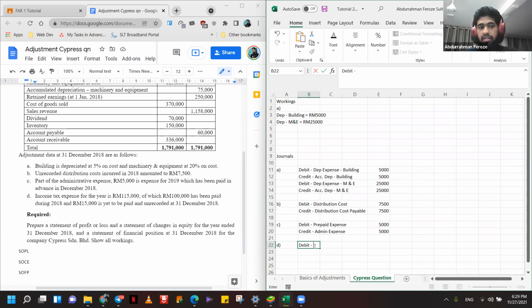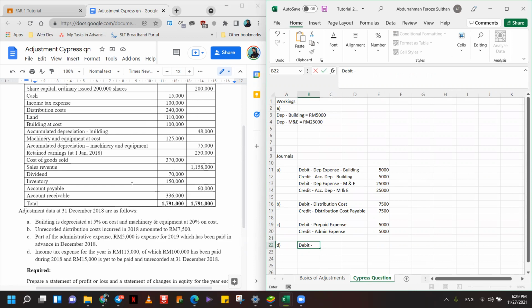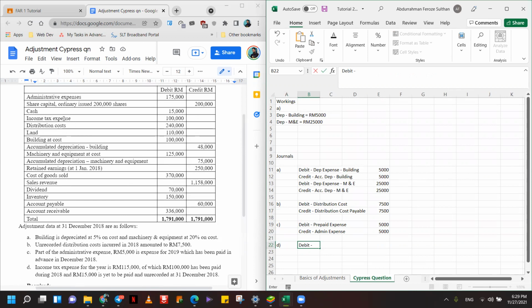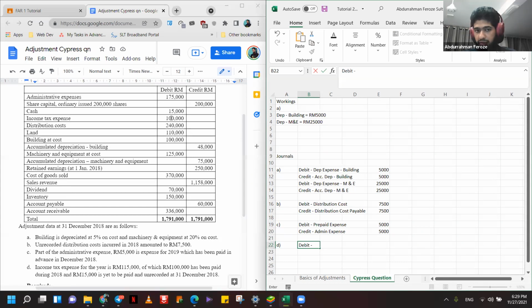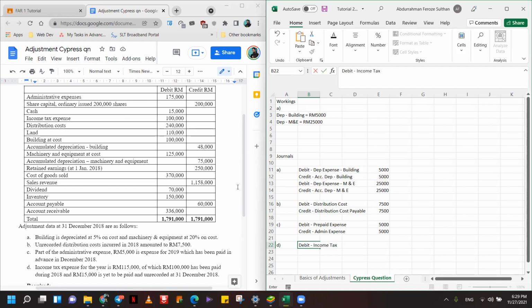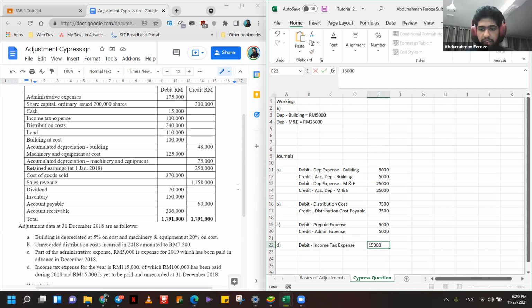Okay, what do we debit here? See, 100,000 has been paid. So we debit income tax expense 15,000, and we credit the accrued expense.